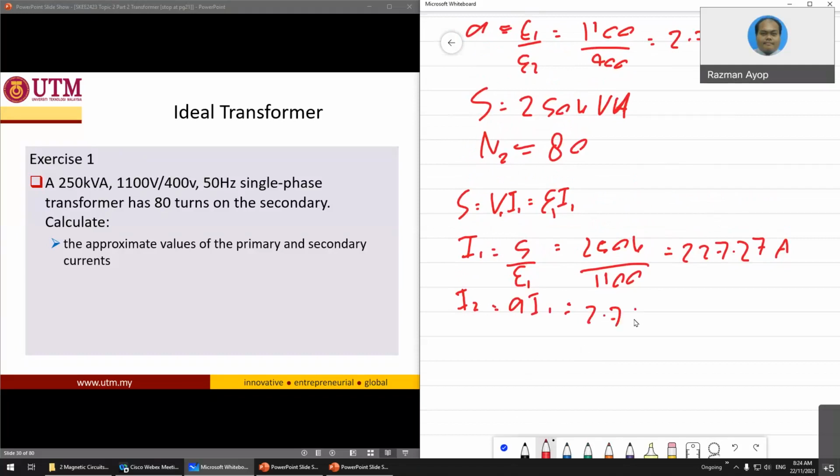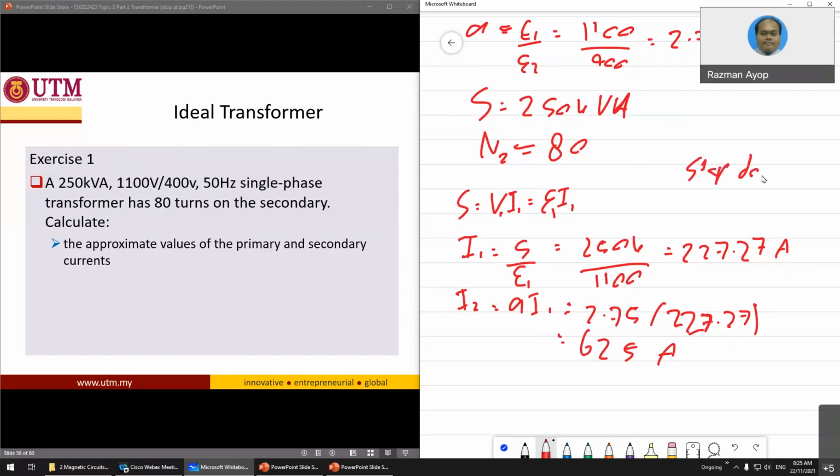So 2.75 times 227.27, the answer is 625 ampere.